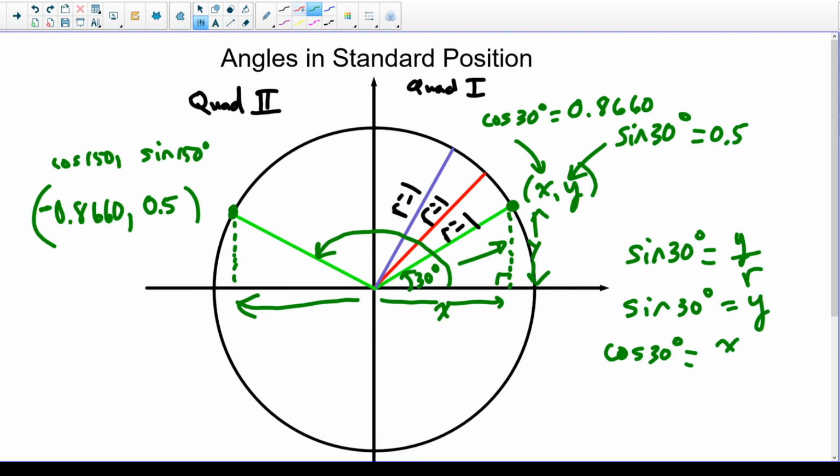And that's the magic of this circle. Because if I now do the exact same thing with 45 degrees, I'm also going to know what the answer is for 135 degrees. If I do the exact same thing for 60 degrees, I'm also going to know the answer for 120 degrees.